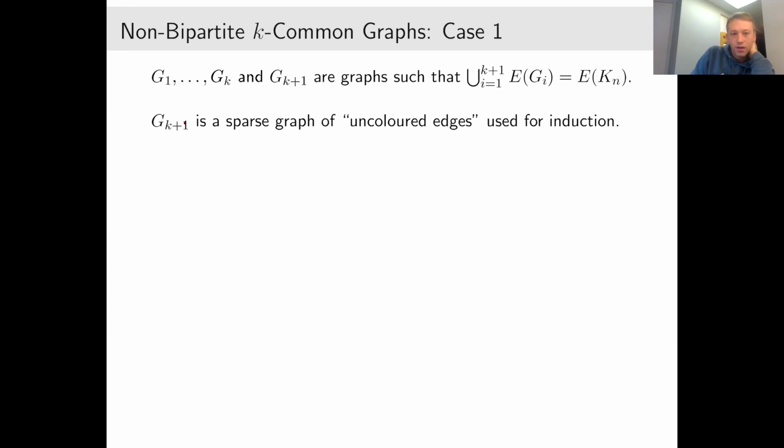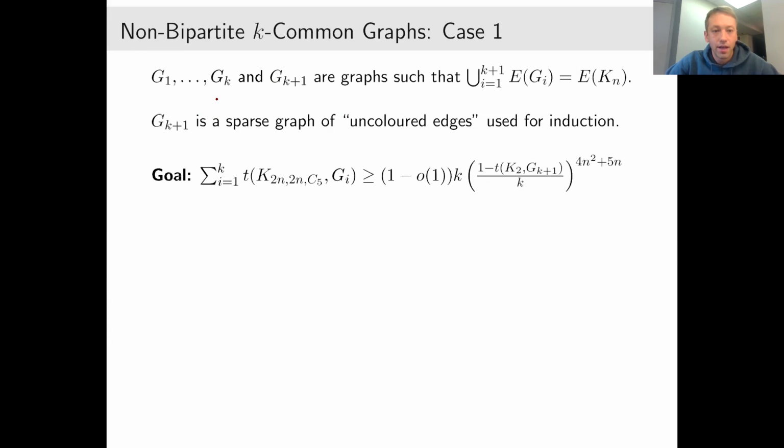So think of G_i, for i from 1 to k, as being the edges of color i, and think of G_{k+1} as being a sparse graph of uncolored edges. And that's going to be useful for applying induction. The induction is going to be on the number of colors, so induction on k.